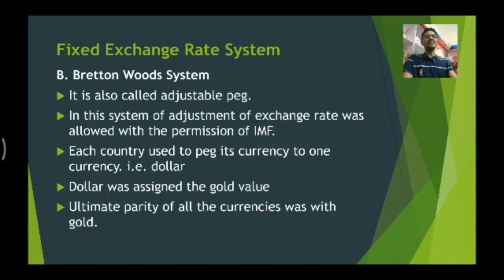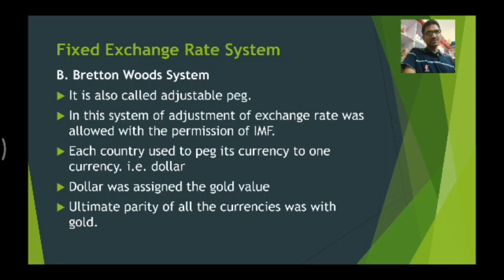Then after the Second World War, a new arrangement was made, that was the Bretton Woods system. This was also called adjustable peg. Under this system, what was happening was that USA used to peg its currency against gold, and the rest of the countries were pegging their currency against the US dollar.